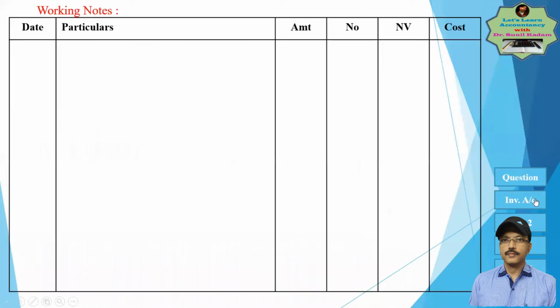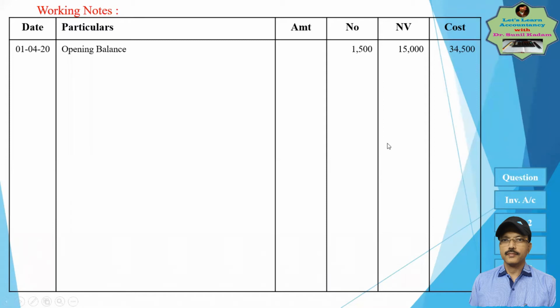Let's record it in a working note. Date is 1st April, opening balance, 1,500 shares. 15,000 is the nominal value because it is 10 rupees per share. It is not a debenture, it is a share. So the cost is given as 34,500. If it were a debenture, we could have worked out the interest.